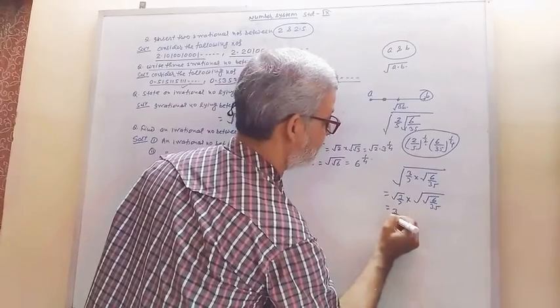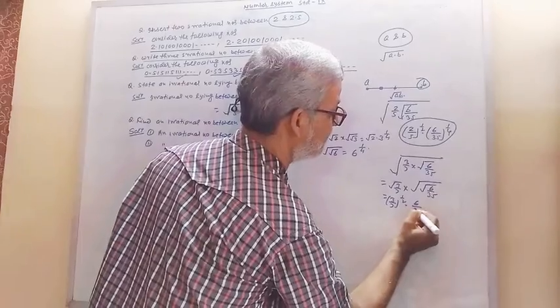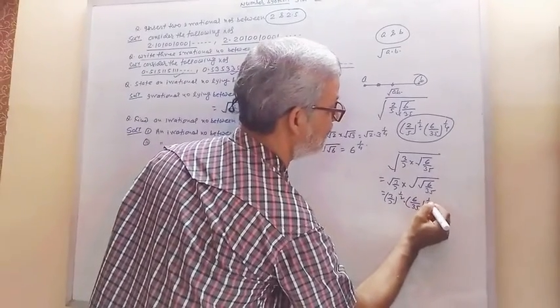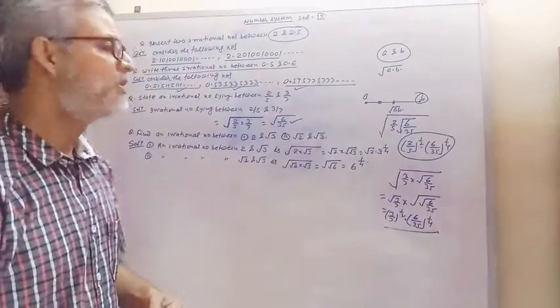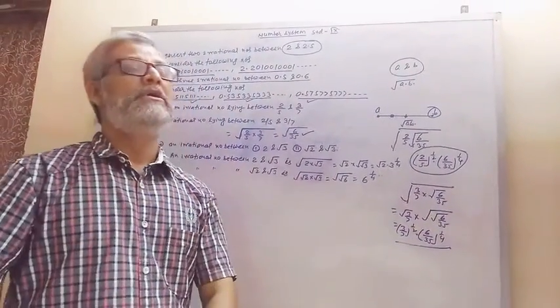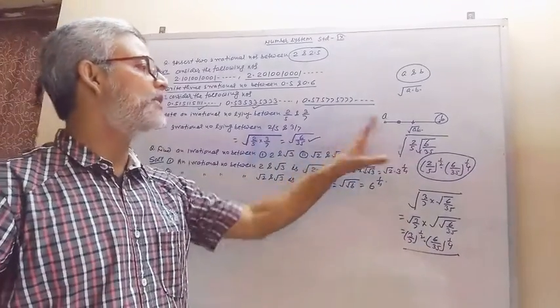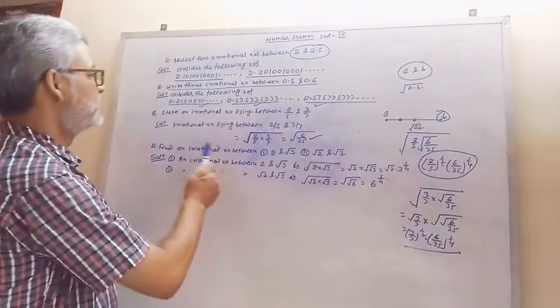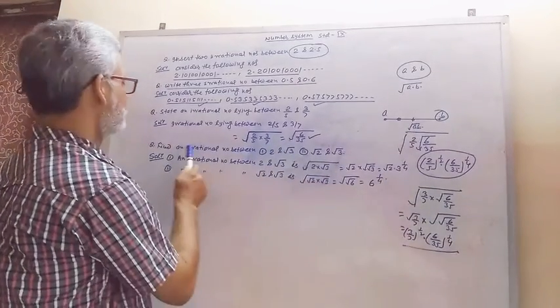That is 3 by 7 whole to the power 1 by 2 into 6 by 35 to the power 1 by 4. This is the irrational number. So between any two rational numbers, an irrational number is root under AB. You can see the next example, which I have given in the same way.